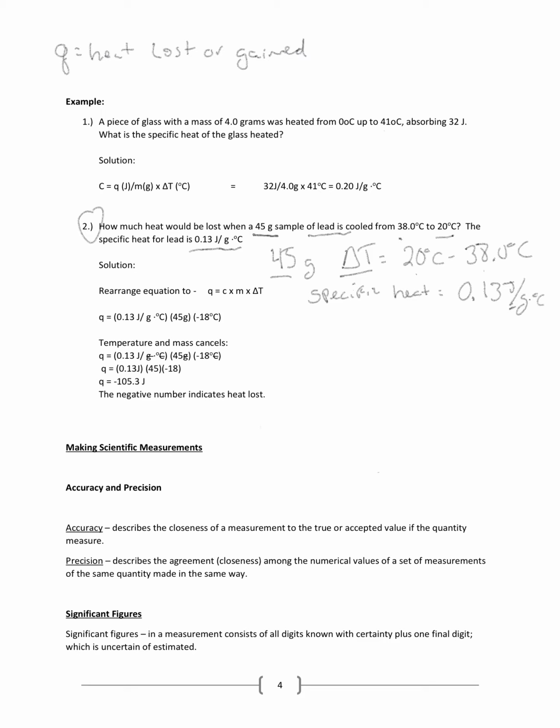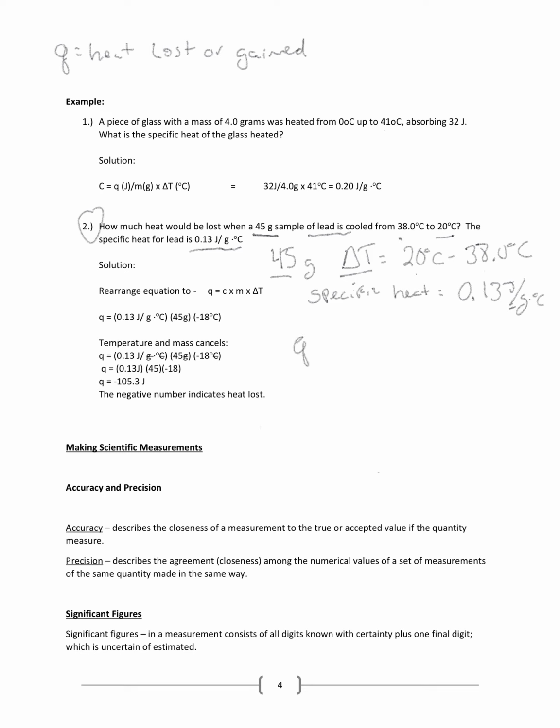And so what I did is I rearranged it so that we have Q equals 0.13 joules per gram degree Celsius. So let's write this out.